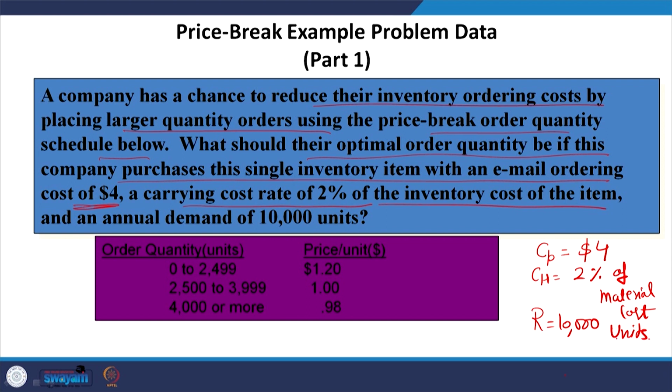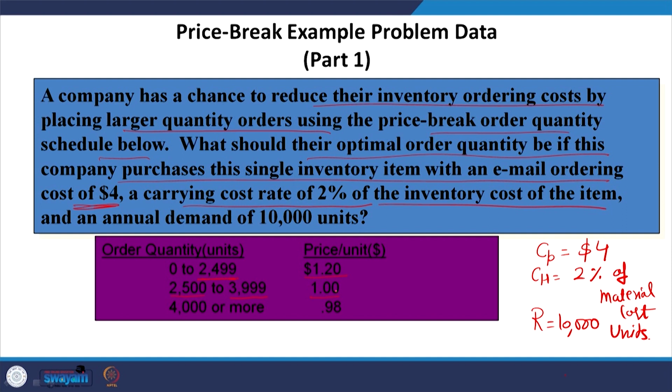The schedule of quantity discounts is like this. If you are ordering up to 2,499 units, the price will be $1.20. If your order quantity is between 2,500 and 3,999, the vendor is ready to give you a discount of 20 cents, then you will be charged $1 per unit.